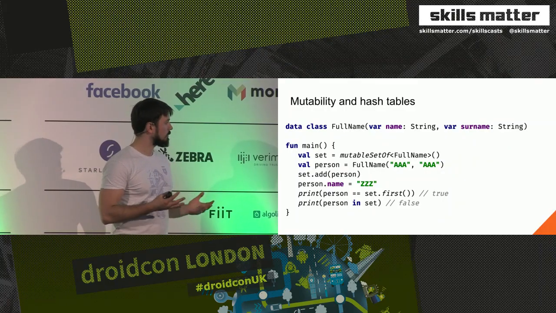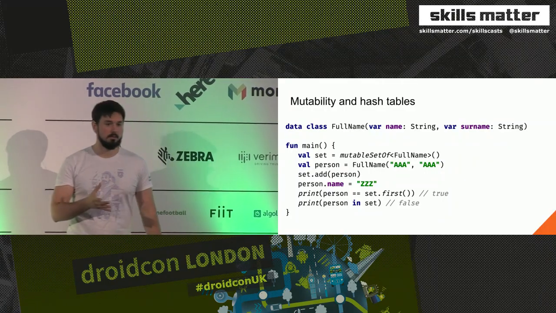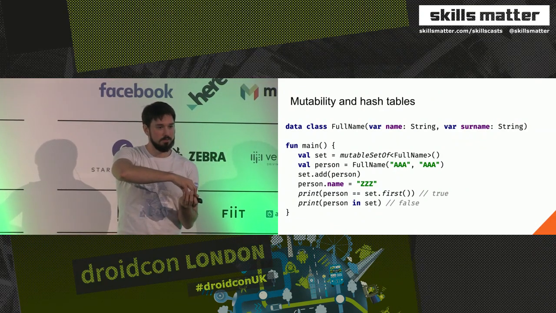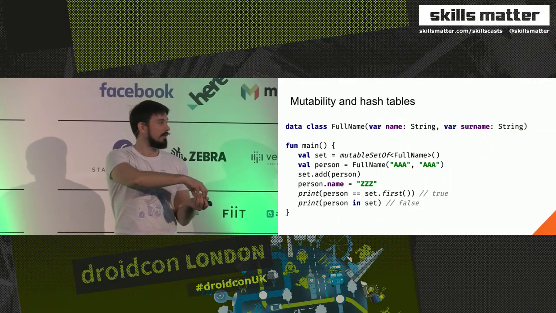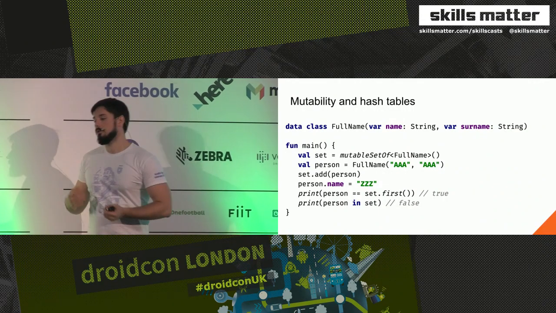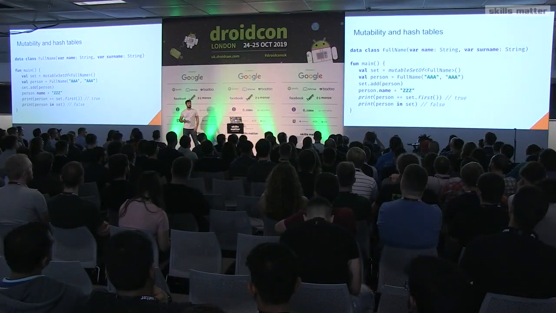How so? The problem is that a mutable set uses a hash map under the hood, and so it placed your object in some bucket, and then it should be placed in a different bucket, but you haven't updated your hash set, and so you cannot use mutable objects in sets, in keys in maps, in any data structure using a hash set under the hood.